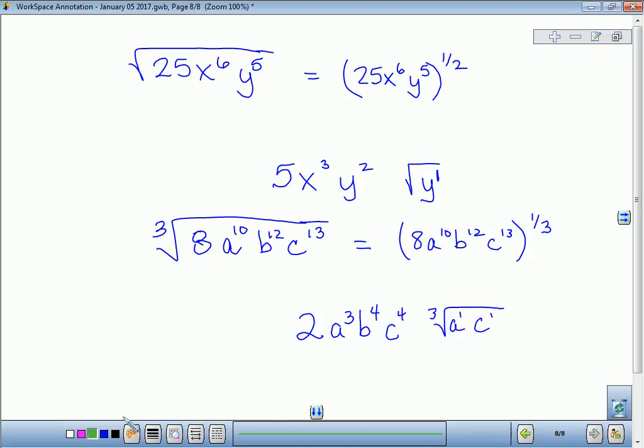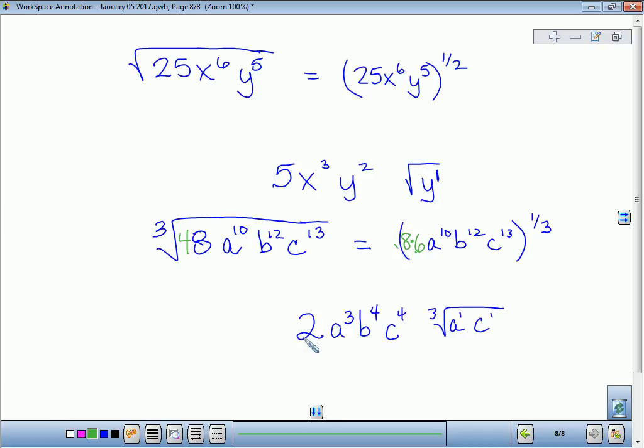Now, what happens if instead of this number being 8, that number was 48? We don't know the cube root of 48. But we do know that 48 is 8 times 6. We can take the cube root of 8.